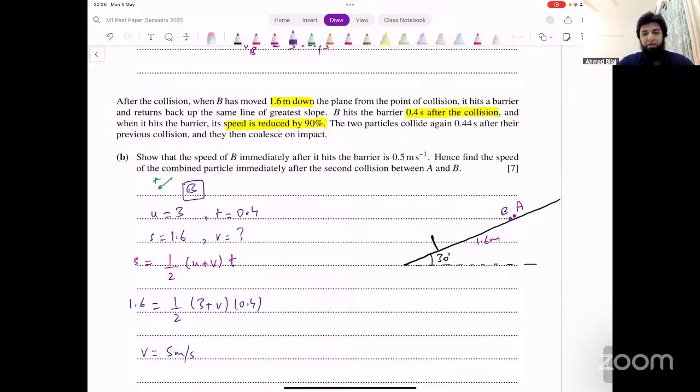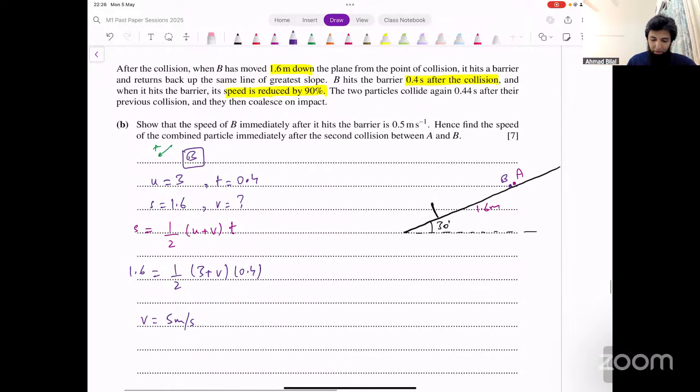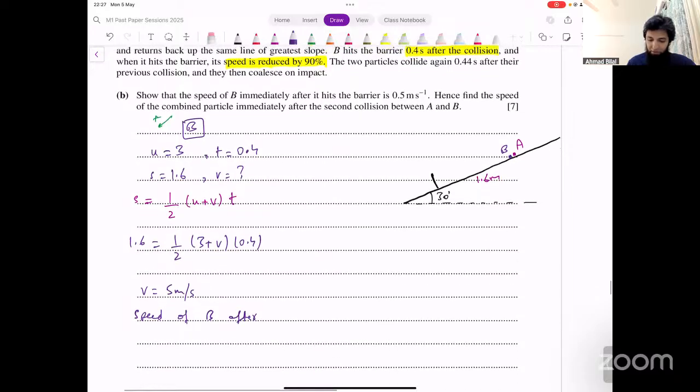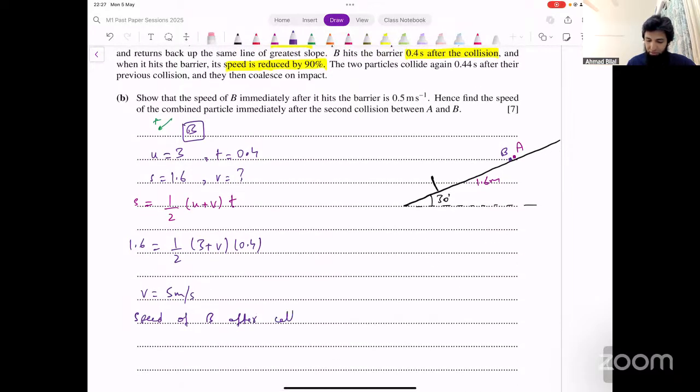Now its speed is reduced by 90%. What does that mean? If it was 100% before, 100% minus 90%, that's 10%. It becomes 10% of what it was before. So the speed of B after hitting the barrier, what is that going to be?